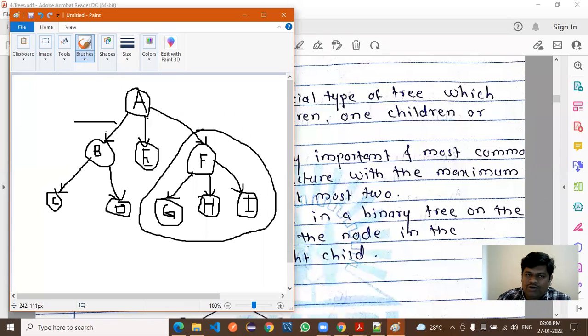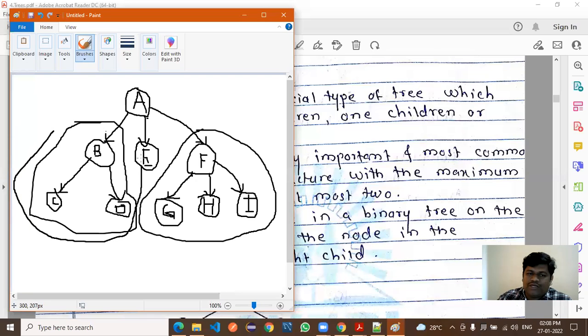Now for B, how many children are there? 2. Now suppose you have two trees, one with root node B and another with root node F. Which one do you call a binary tree, B or F? B.